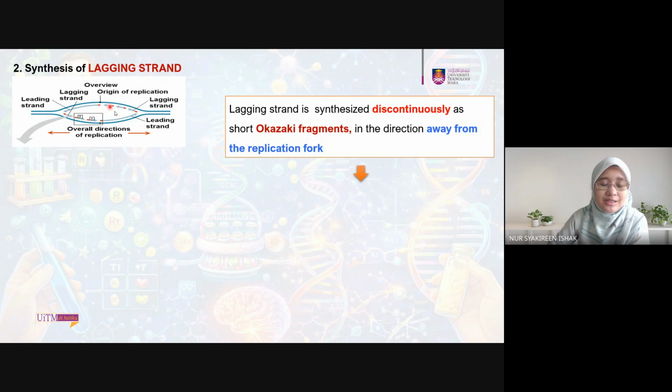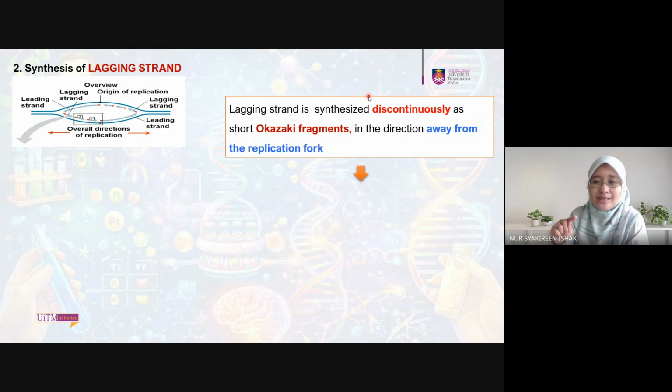But the lagging strand is a bit complicated, because you have to imagine the actual process of how DNA replication occurs, which involves the replication bubble getting bigger and bigger. The lagging strand is synthesized discontinuously, which is one feature of it, compared to the leading strand, which is synthesized continuously.